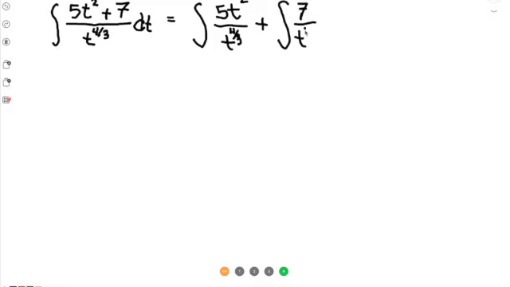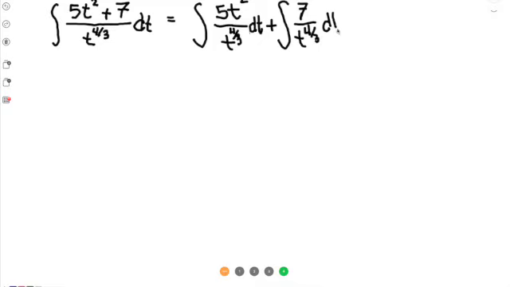Sorry, we have here a dt pala. Let me erase that. We have here dt since we separate natin sila at distribute natin yung integral sign at yung dt. So they both should have dt.